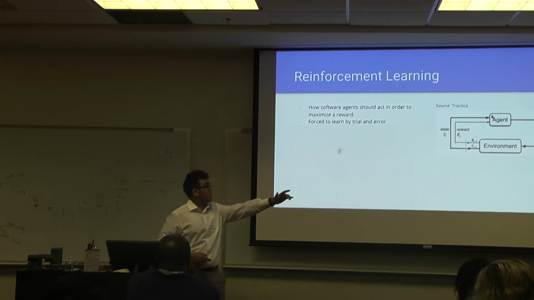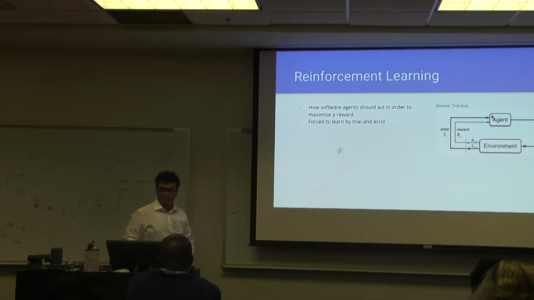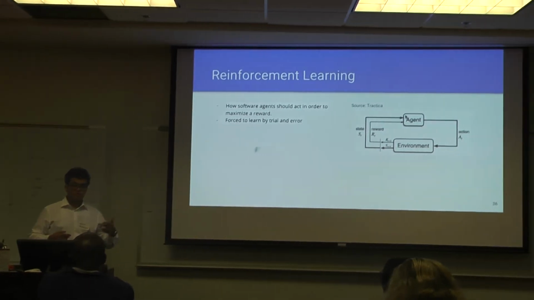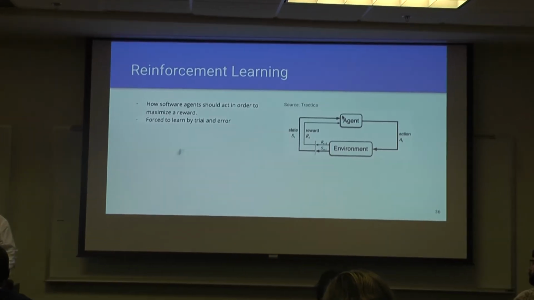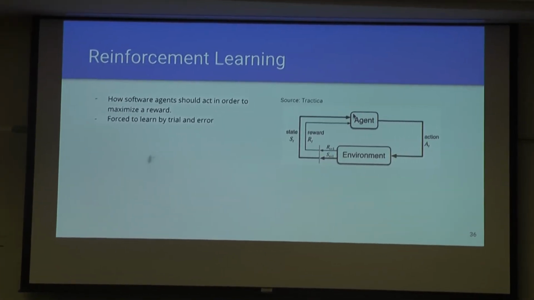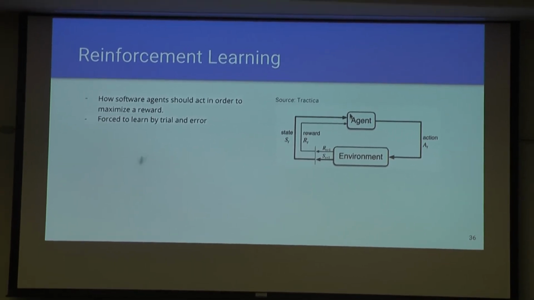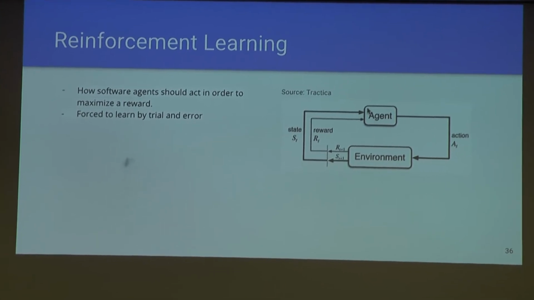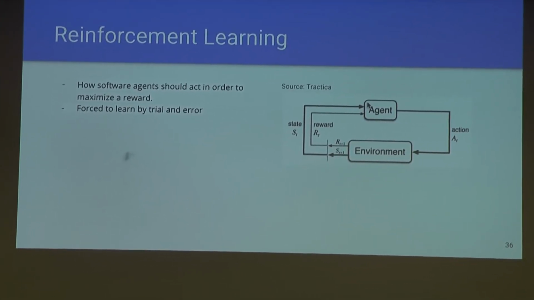On the right, I have a picture of the mindset behind how a reinforcement learning algorithm would work. It goes from the agent to the environment, and if the environment is correct, it gets the reward, and if it's wrong, then it goes back to the agent and learns why it was wrong.